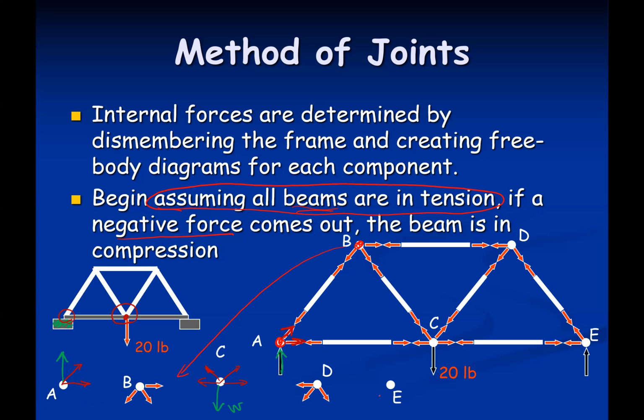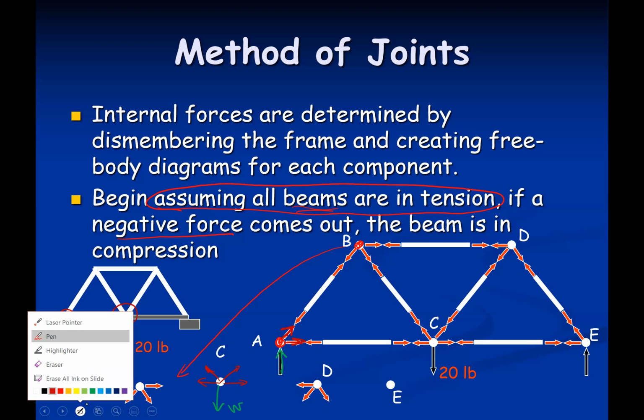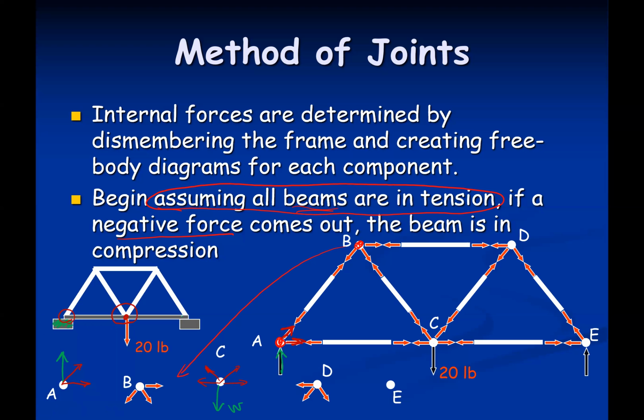D, E. E is going to look similar to A, but almost like a mirror image of it, right? So on E, you're going to have the force due to this block right here, holding it up. So it's basically a normal force almost. So you have this wanting to push down, and it's an external force pushing up.